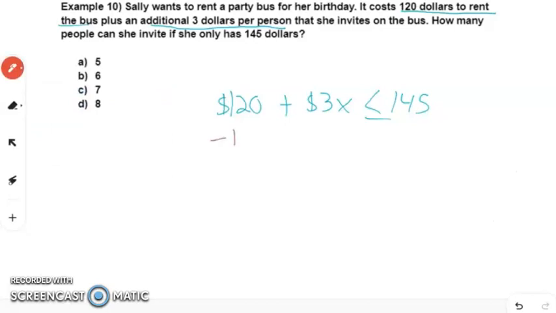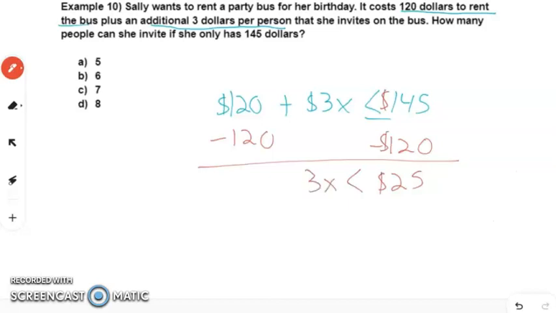Now all I have to do is solve. So I'll minus 120 on both sides, and I'll get 3x is less than or equal to 25. Alright, and now I need to go ahead and divide both sides by 3.